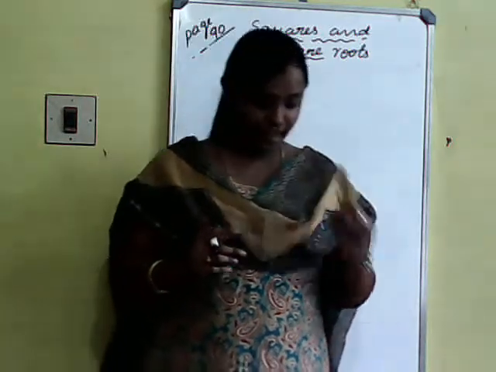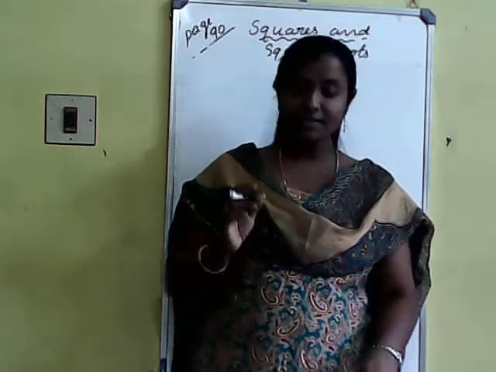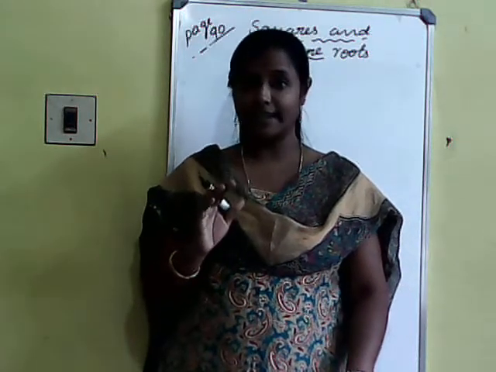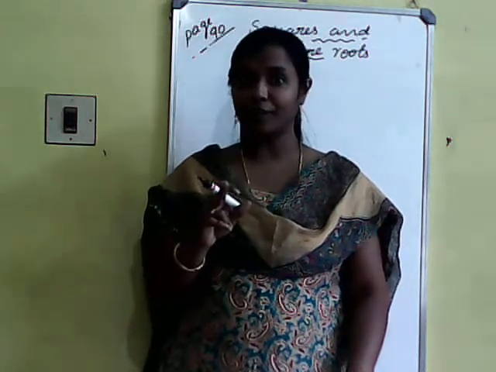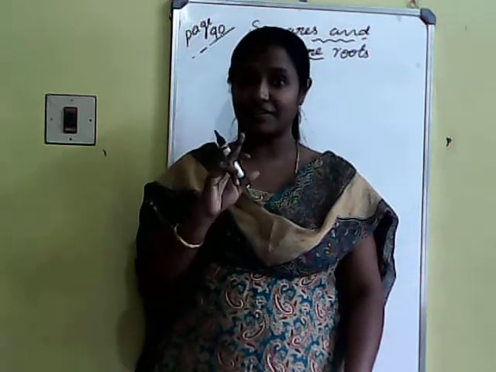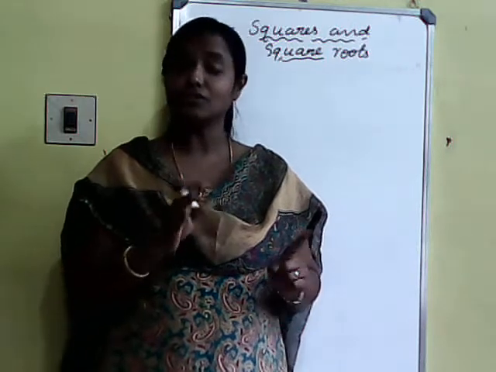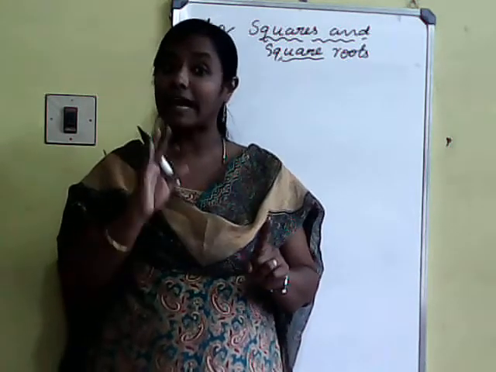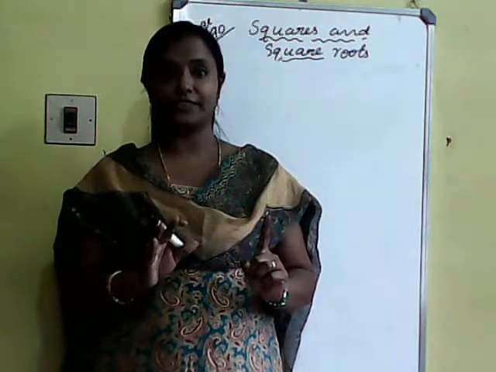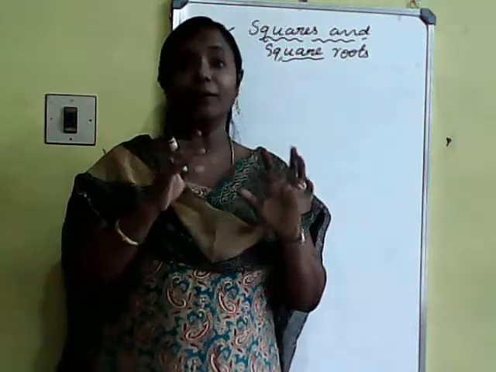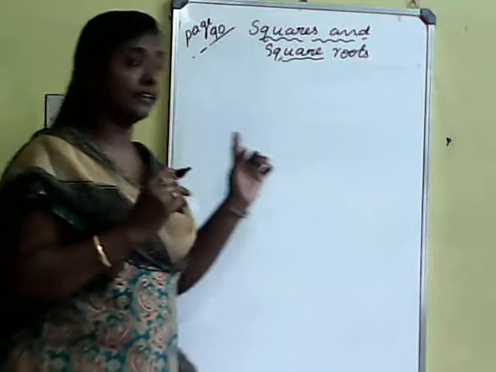Second one, square numbers can have only even number of zeros at the end. Okay, 40 is not a perfect square but 400 is a perfect square. 90 is not a perfect square but 900 is a perfect square. So even number of zeros at the end, so that is a perfect square. Clear? Then the third one.